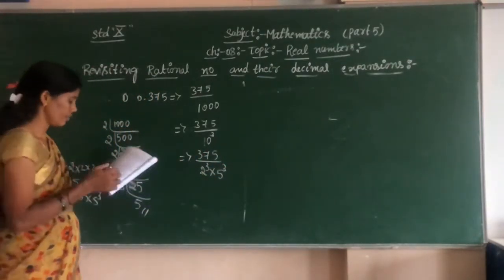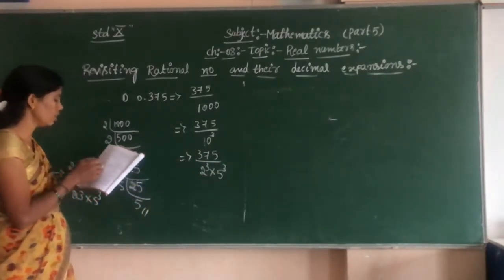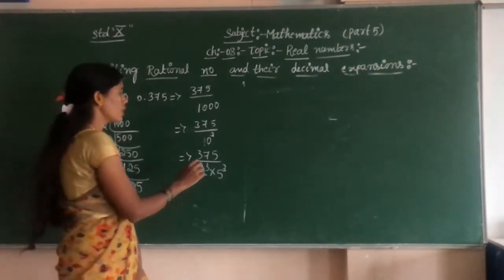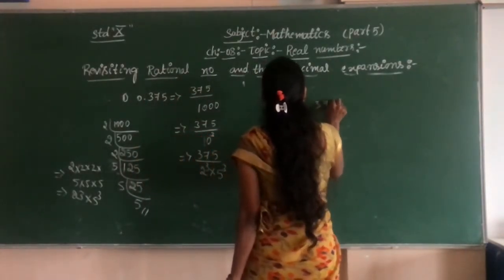Now next, I will take the denominator using the prime factorization method. Now take 375.